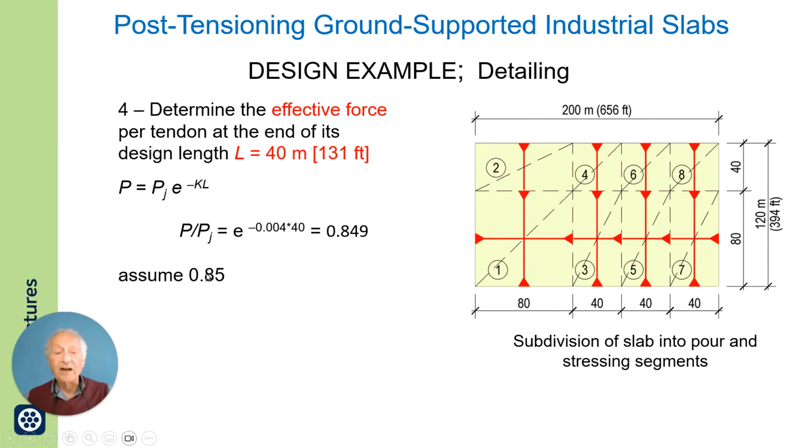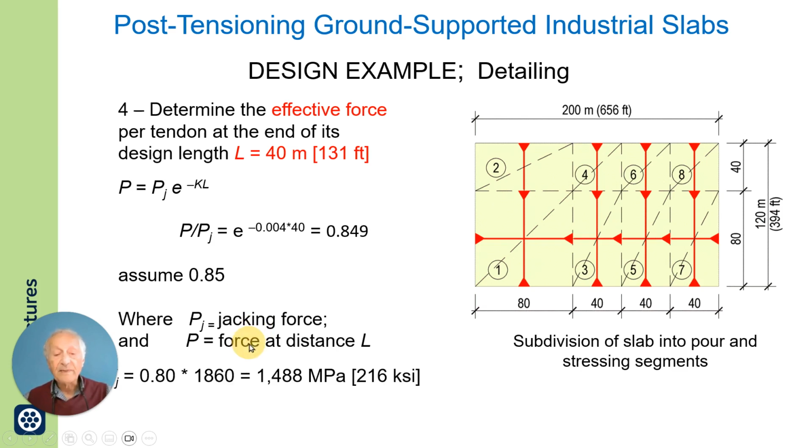And that is really what I have to use at this far end, 0.85 of the jacking force. And 0.85 of the jacking force gives me so much force at the far end, which I can use for design.